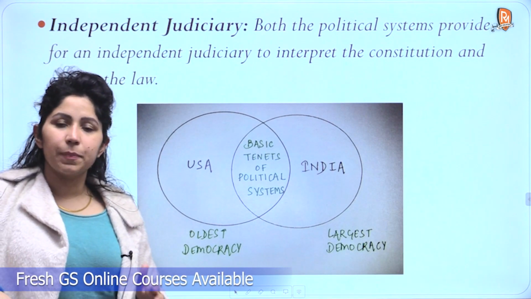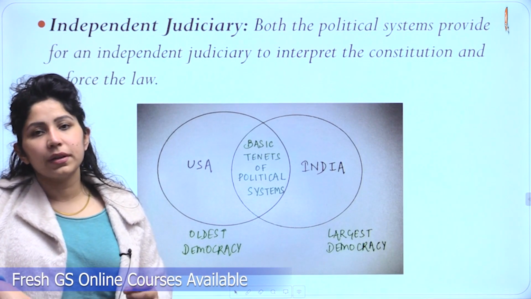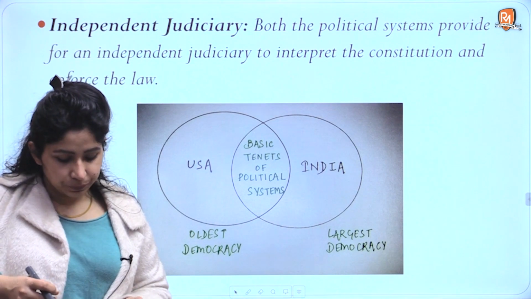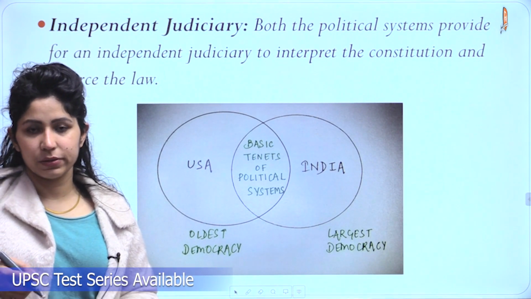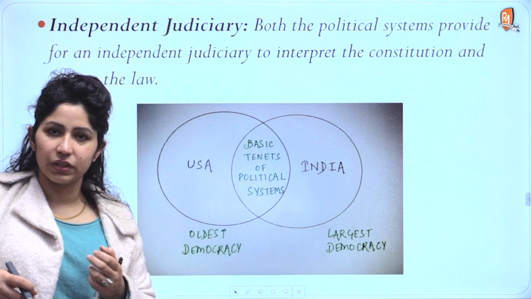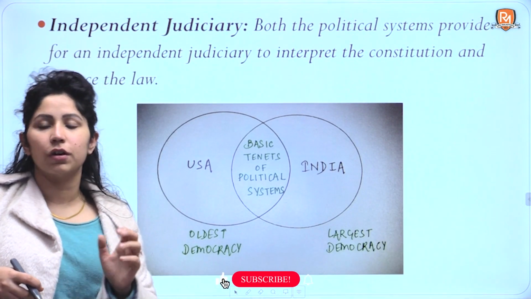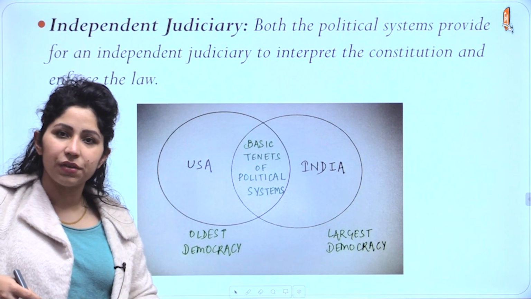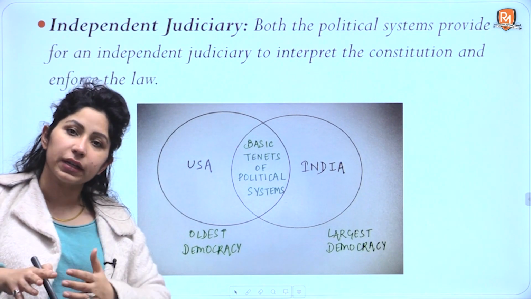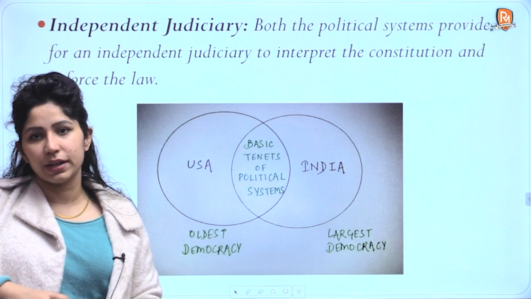And the last point is independent judiciary. See, independent judiciary is not a common thing to see around the world. So if a country has an independent judiciary, it is a very important function of its political structure. This is a point that you will find in most of the general books, and that you will definitely have to mention in your exam.